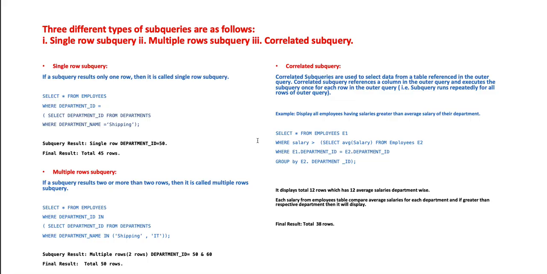To get the result, we use select star from employees table, suppose alias name E1, where salary greater than, now we use a subquery here, but this subquery is a correlated subquery because we use select average salary from employee table, suppose alias name is E2, where now we use a reference to the outer query, E1.department_id, which is equal to E2.department_id, and group by E2.department_id.